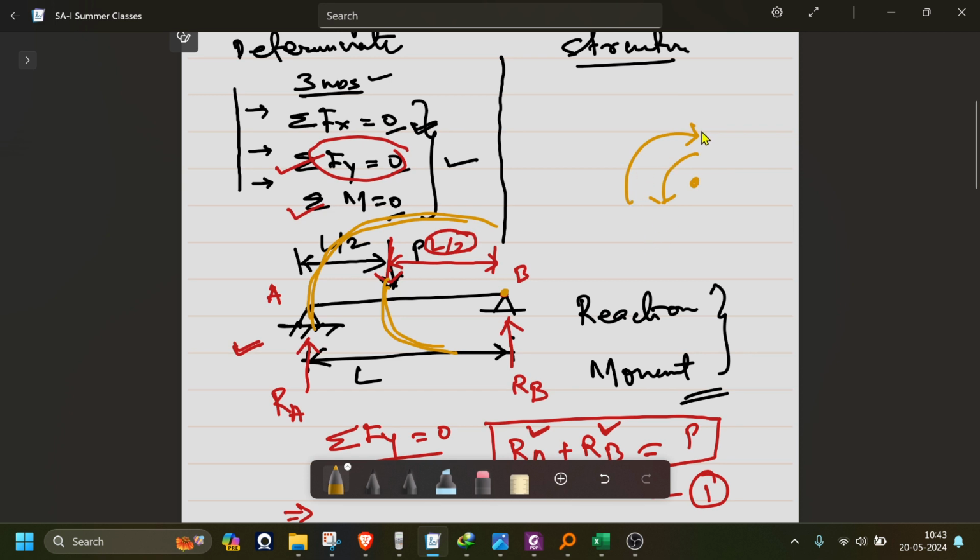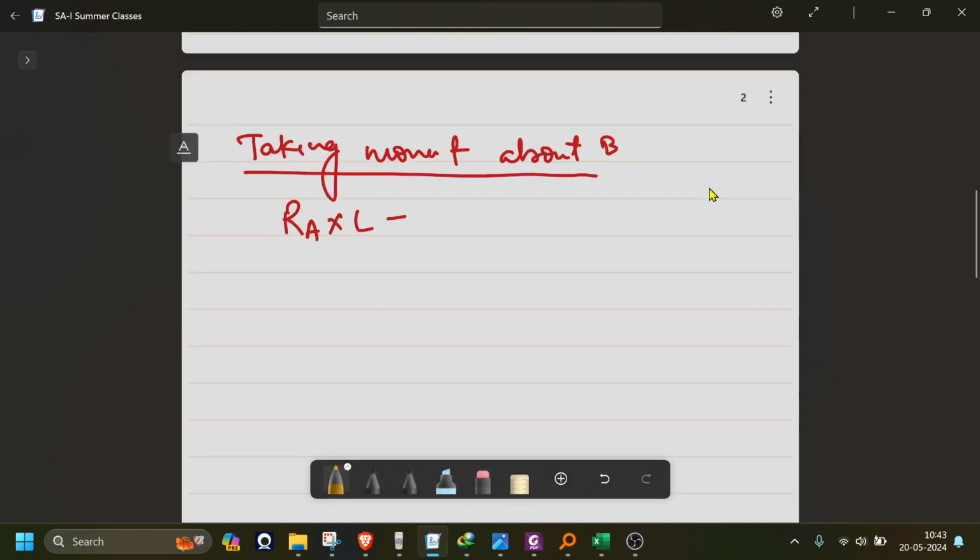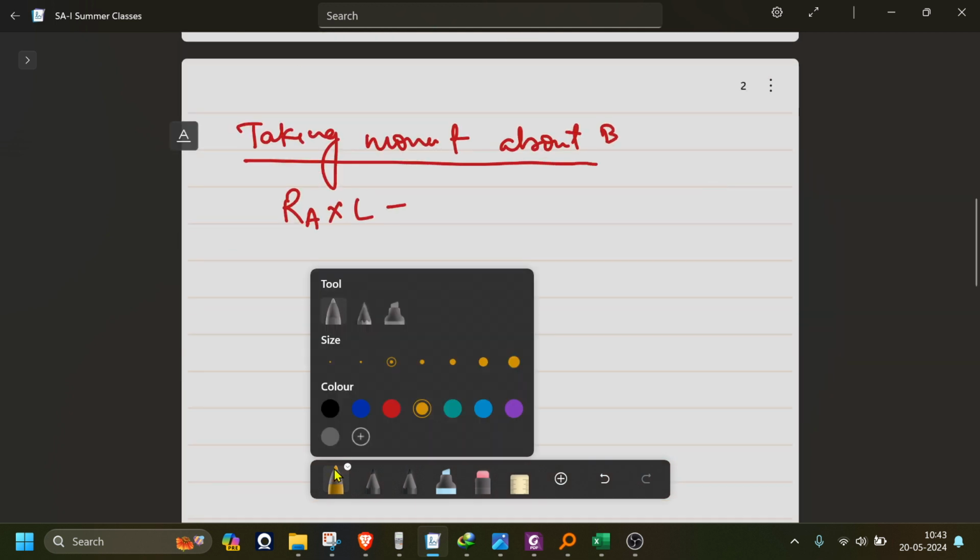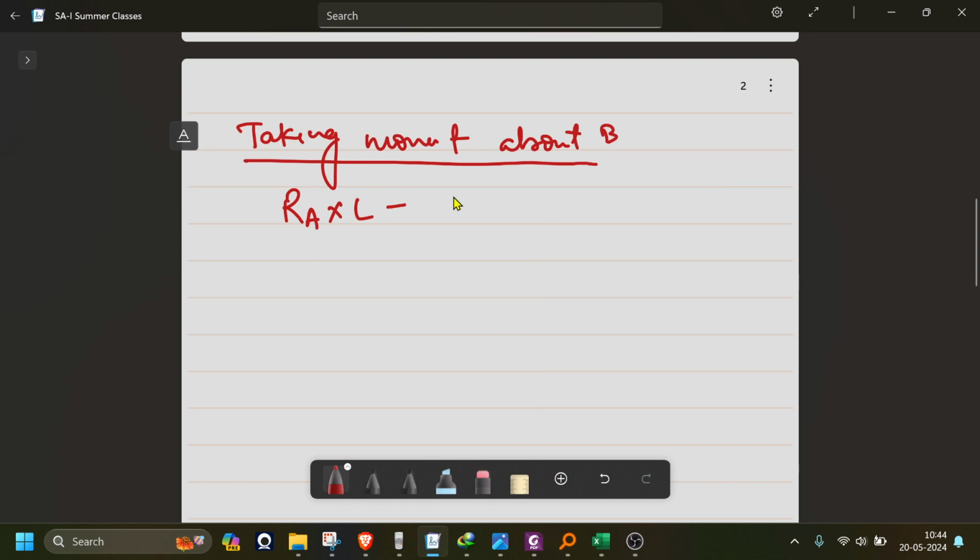If I consider the clockwise one as positive, I will consider the anti-clockwise as negative. So RA into L minus P into L by 2, right?